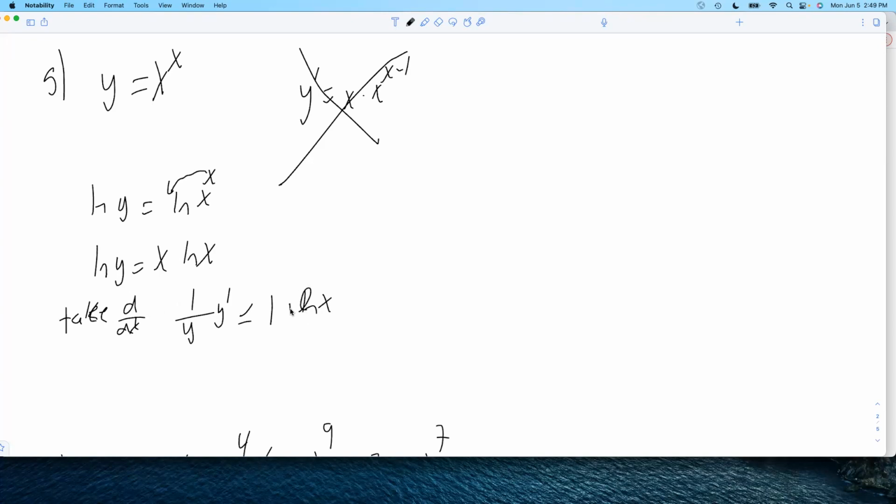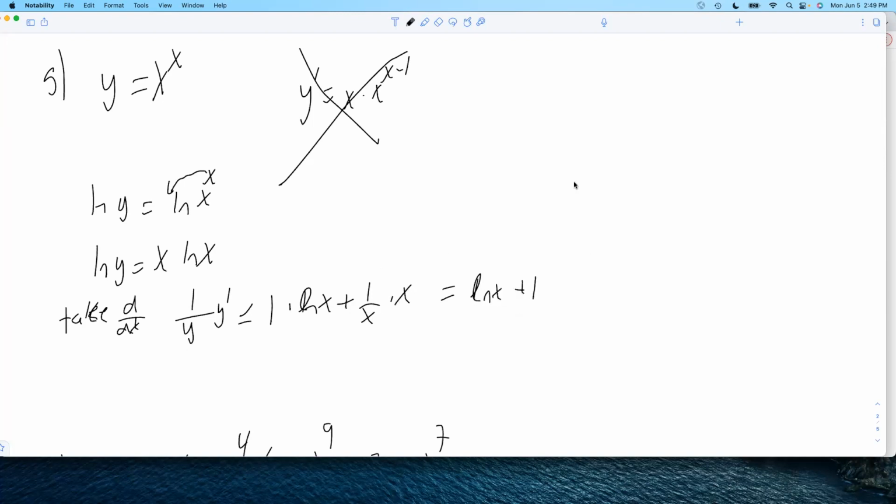That's a 1 times natural log of x plus derivative of the second times leave the first alone.